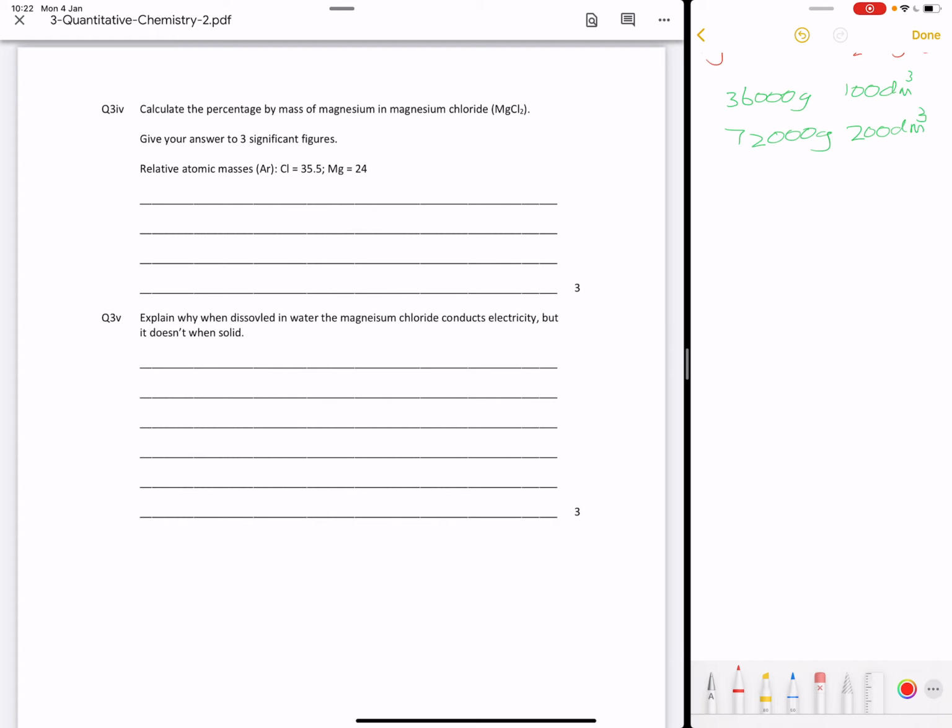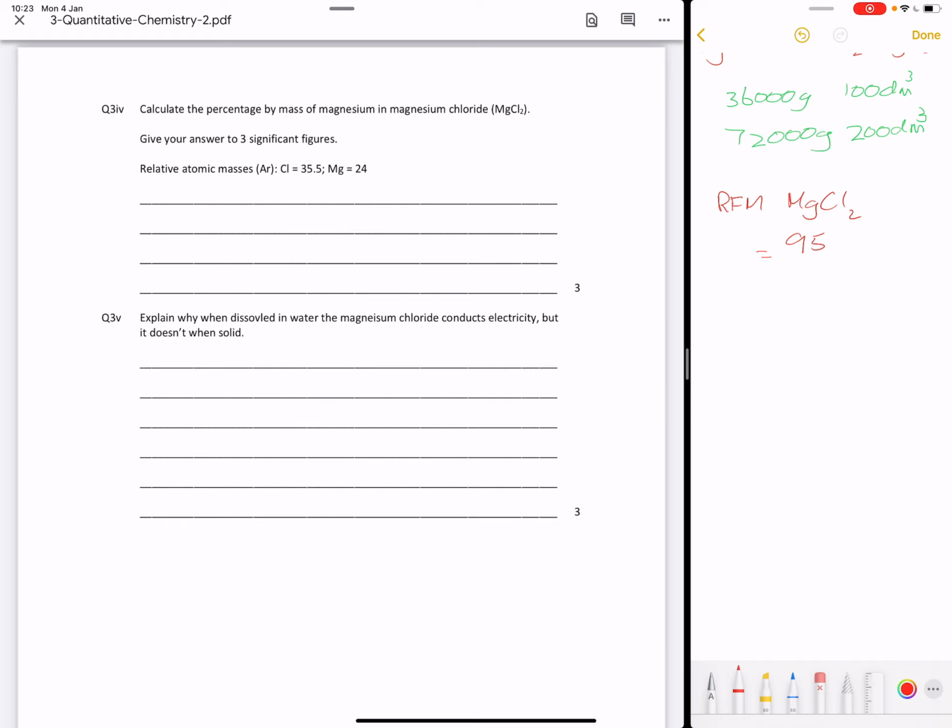Okay, so the first thing to do here is you need to work out the relative formula mass of magnesium chloride. And if you do that, you'll find that it's 95. 1 atom of magnesium, 2 chlorines, that's 35.5 times 2, which is 71. Magnesium is 24, total 95.